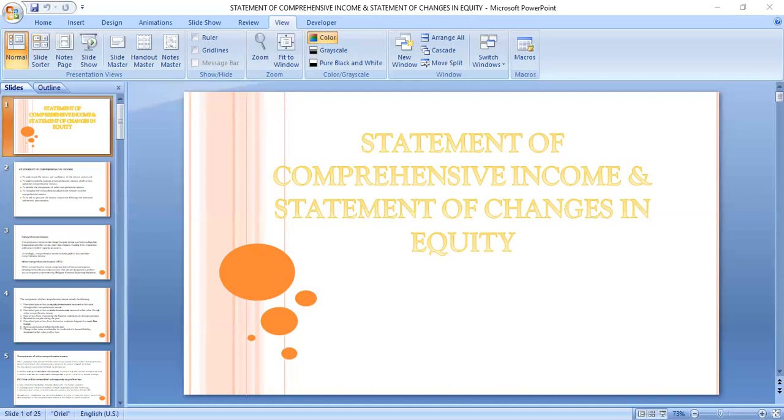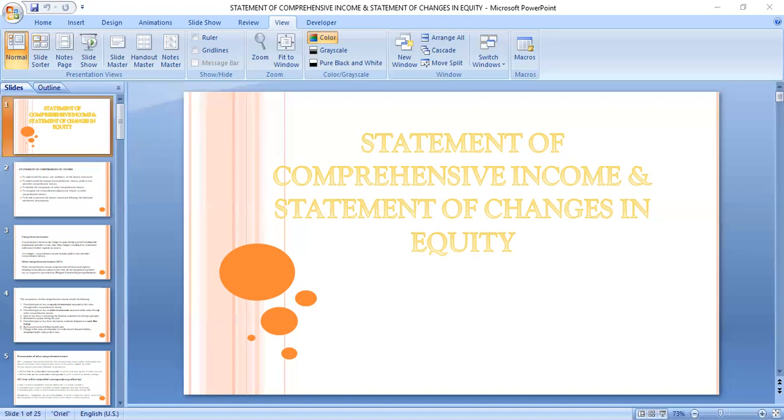So we have now the line items for paragraph 82 of PAS 1, providing that the line items in the statement of comprehensive income are revenue, gain or loss from the recognition of financial assets measured at amortized cost, finance cost, share of income or loss of associate and joint venture accounted for using the equity method, income tax expense, a single amount comprising discontinued operations, and we have the profit or loss for the period.